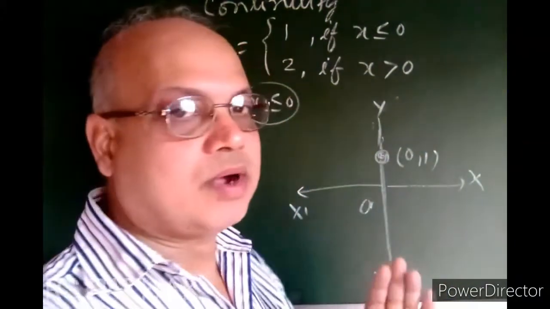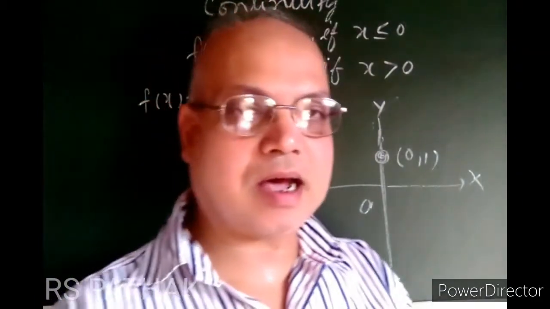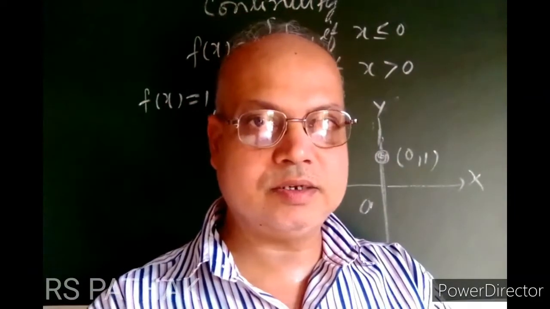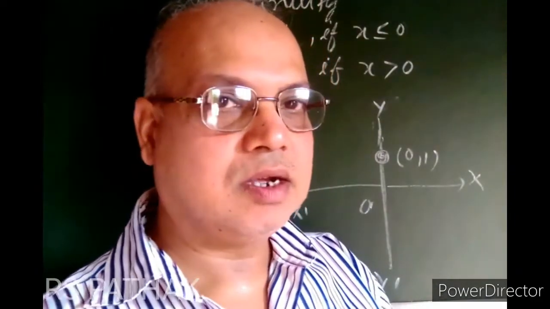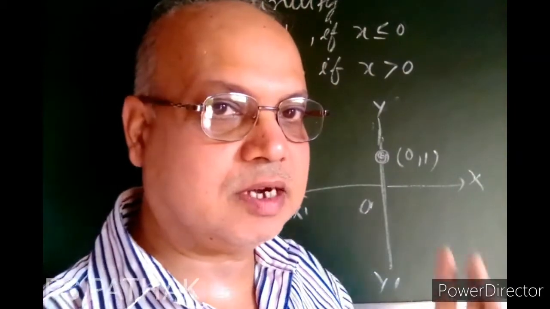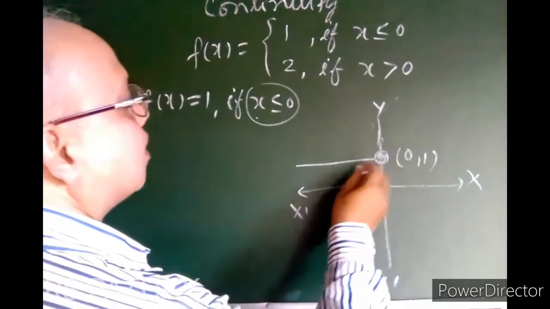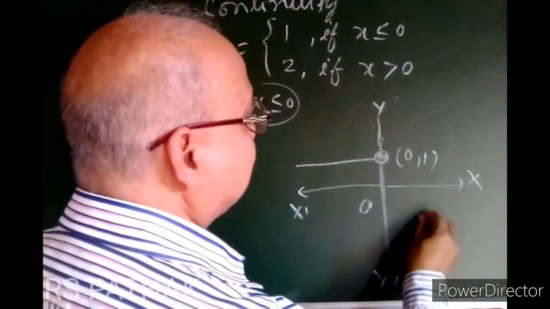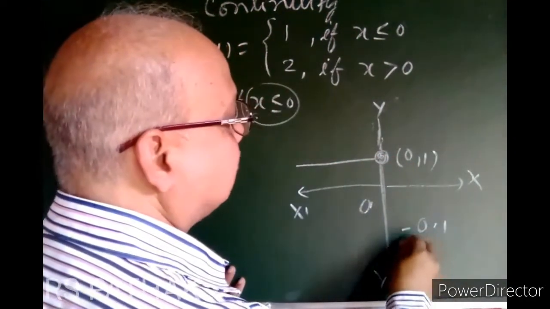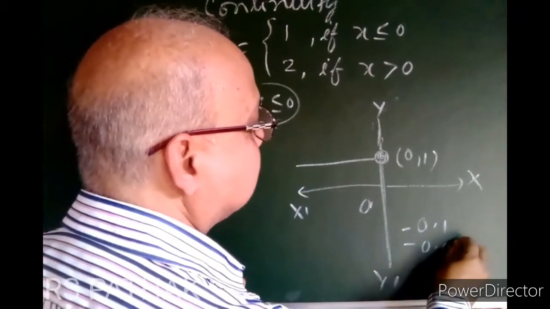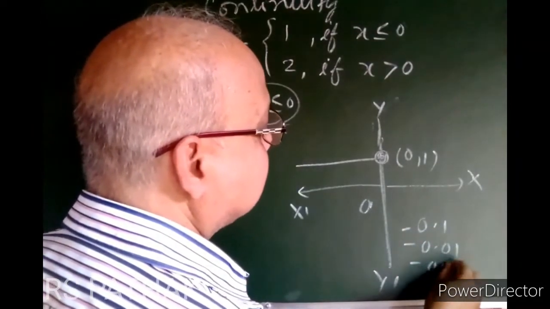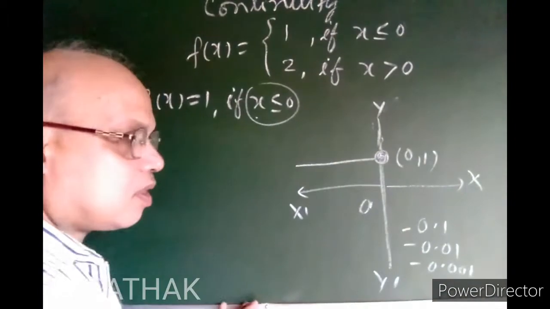For all the values less than 0, meaning you move towards the negative side, it may be minus 0.1, minus 0.01, minus 0.001, any number.